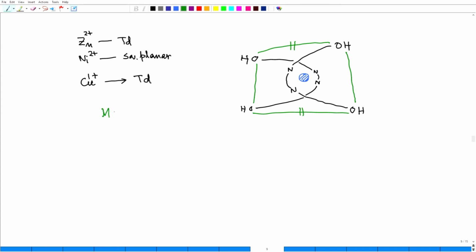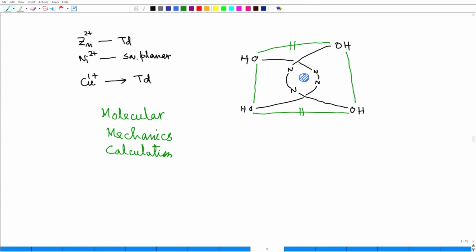From molecular mechanics we can get the optimum structure of this, and as soon as we get the optimum structure of this particular compound, we know the distance between these oxygens.